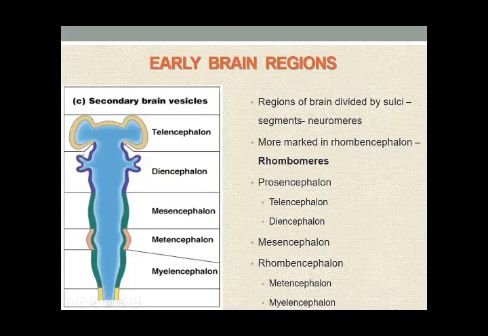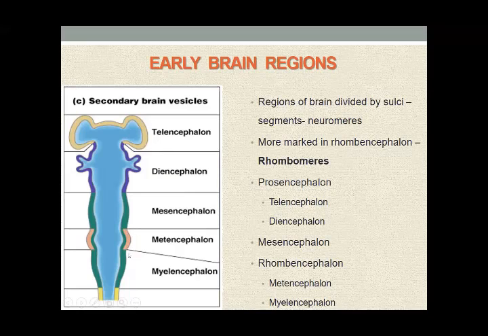The forebrain gets divided into 2, namely cranially the telencephalon and then the diencephalon. Then comes the mesencephalon or midbrain. There is no sulcus that divides the midbrain or mesencephalon, so that remains as it is.